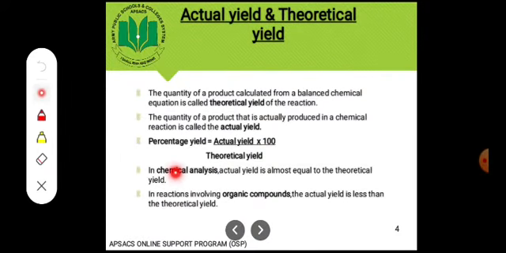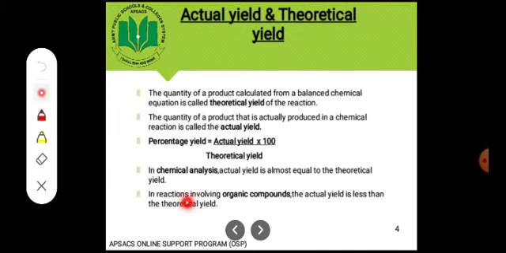In chemical analysis, you will be given a salt and you will be asked to analyze that salt, means you will be asked to tell which salt is given to you. You will perform some tests. So that process is known as chemical analysis.